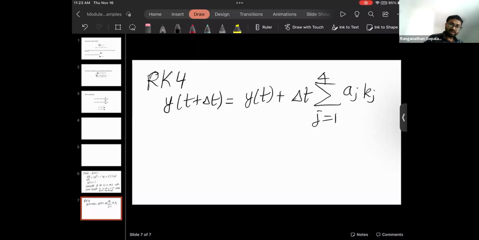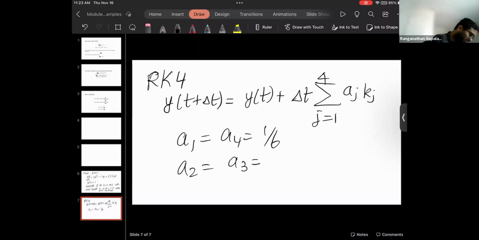So here is our method. We have to write what are the a_j values. You know that a1 equal to a4 equal to 1/6. a2 equal to a3 equal to 2/6. These are just values that I'm writing from memory, but you can also see them in the textbook.